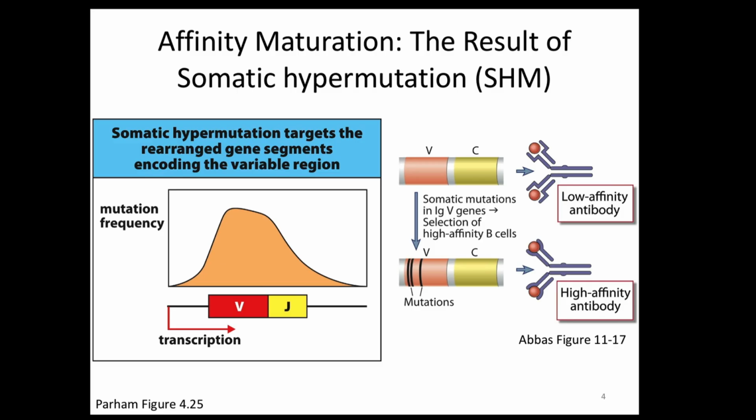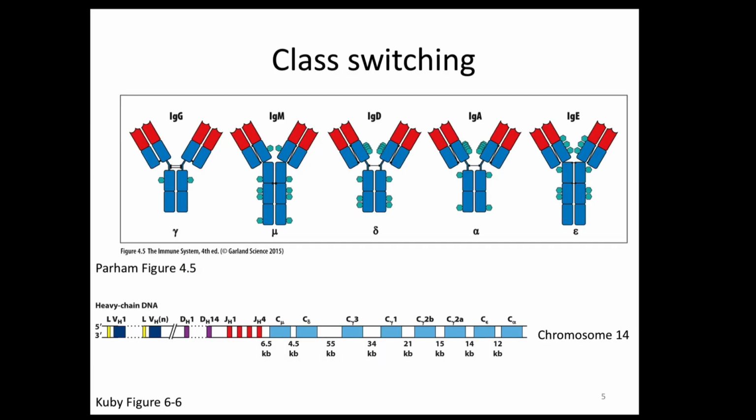We also are seeing class switch happening as a result of activation of that B cell in the germinal center. And so we have all of our different heavy chain region gene segments downstream of VDJ.